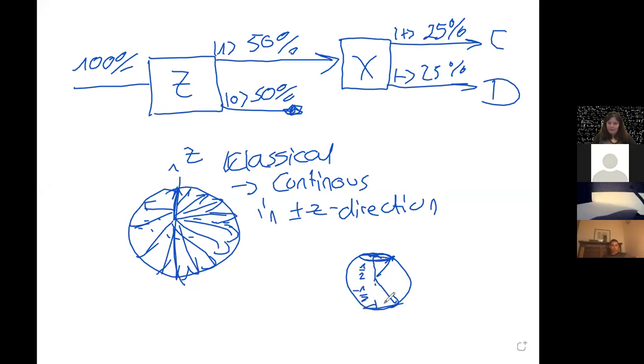So this experiment more or less demonstrated that you only have these two values, which we now know as spin.